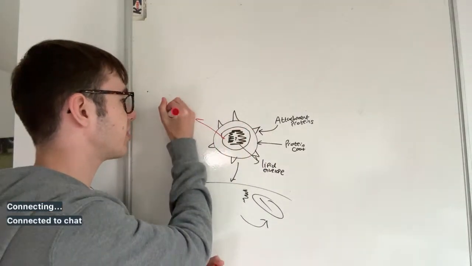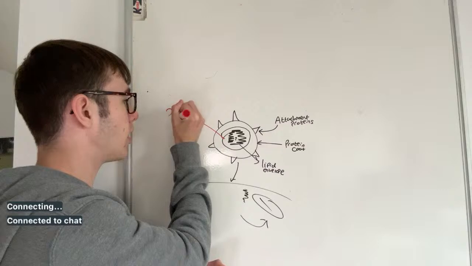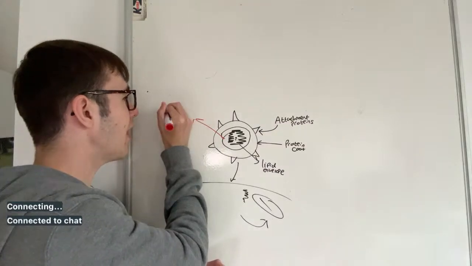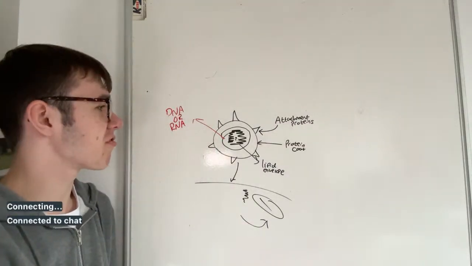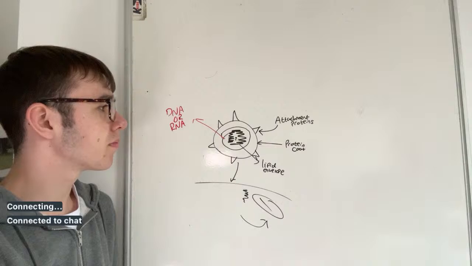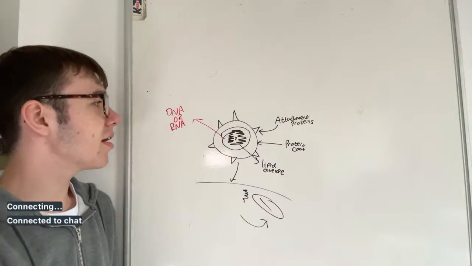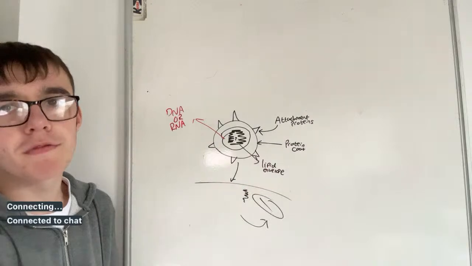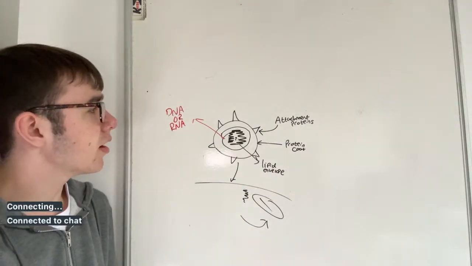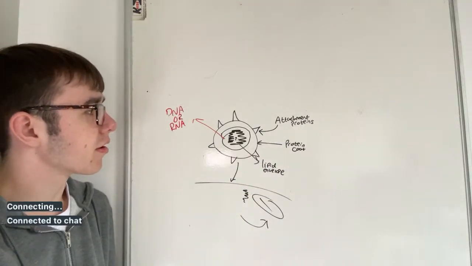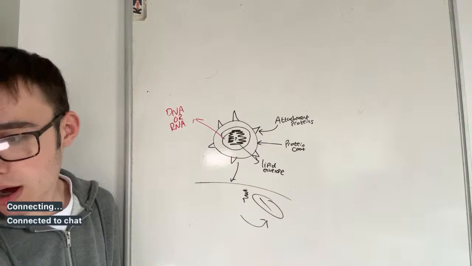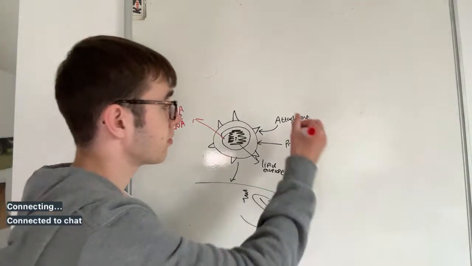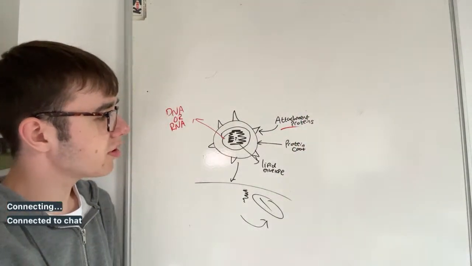I said DNA or RNA. That is kind of a bit of a baity question, though, no? Because yeah, obviously they all have genetic information, but I didn't know you could be very vague with it. I didn't know you were allowed to be vague. Okay. Well, that's one. Attachment protein. Yeah. Protein coat, lipid envelope.